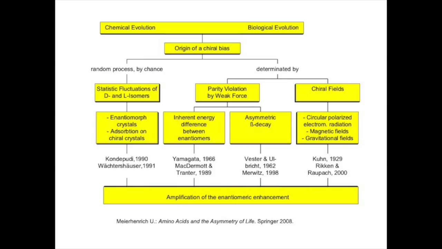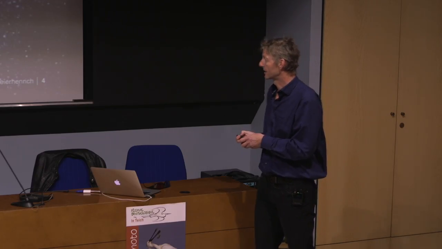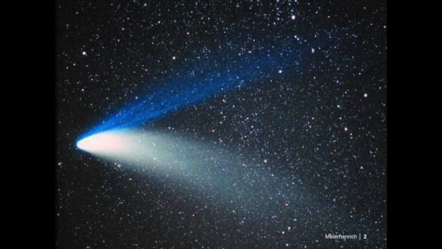All this is very much related to the origin of organic molecules in space. And this is what makes, in our research, cometary nuclei extremely important. Here you see comet Hale-Bopp, an image from 1984, and you see comet Hale-Bopp with two tails. This is a tail which is called the type 1 tail, the plasma tail, and here you have the type 2 tail, which is a dust tail.